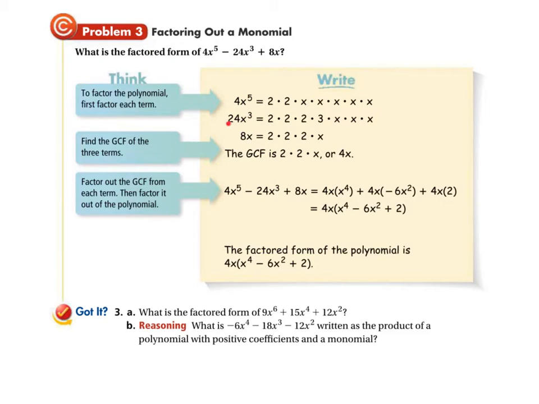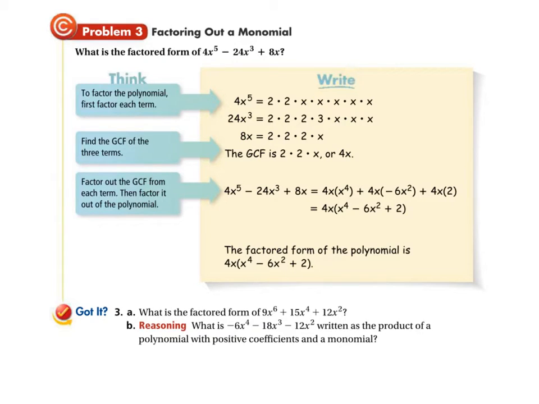Okay. 24x cubed, 2 times 2, 4 times 2, 8, 8 times 3, 24, there's the 24, and there's the x cubed, x times x times x, okay? And here, 8x is just 2 times 2 times 2, that's the 8 times x, okay? What do we then identify as being common in all of those?